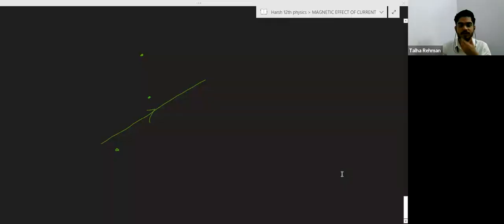So here you will get outward, here you will get inward. Inward means this, and outward means this. You can suppose this as an arrow going into your screen.